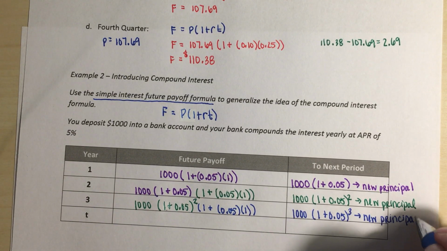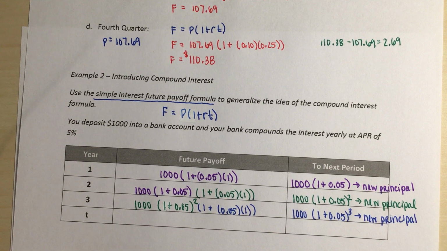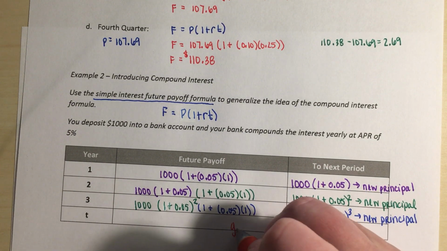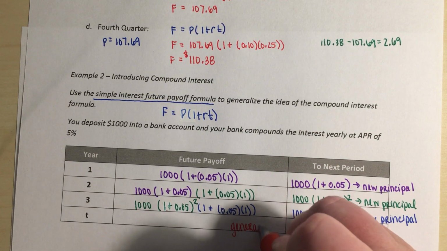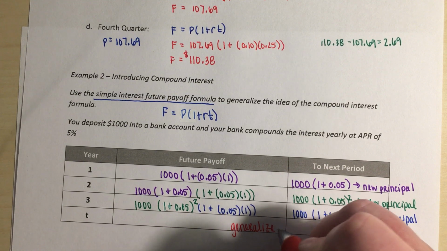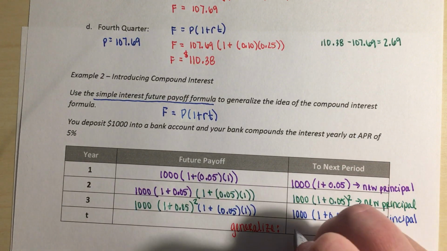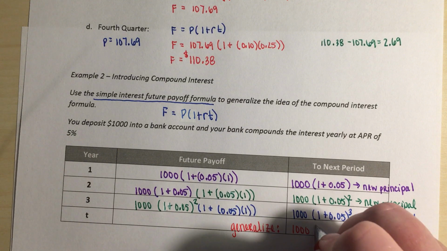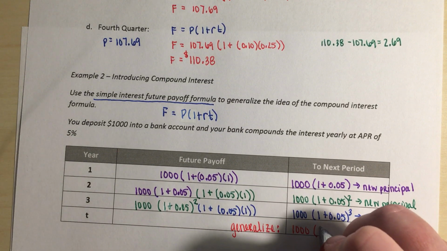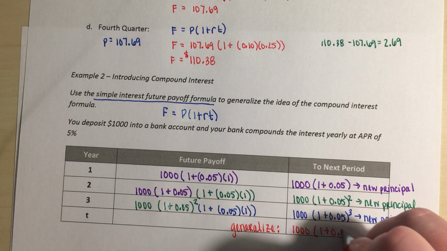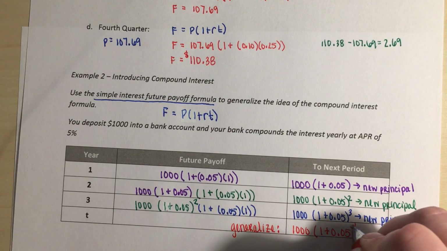If we think about this, what is increasing each time? Pretty much everything in our formula stays the same. We're just increasing our exponent, multiplying the same thing by itself again and again. So we can generalize this for a time t and write this as 1,000 times 1 plus 0.05 to the t power.